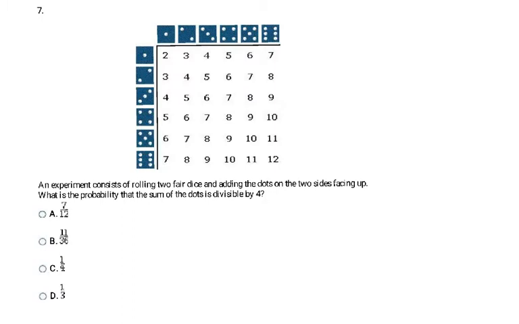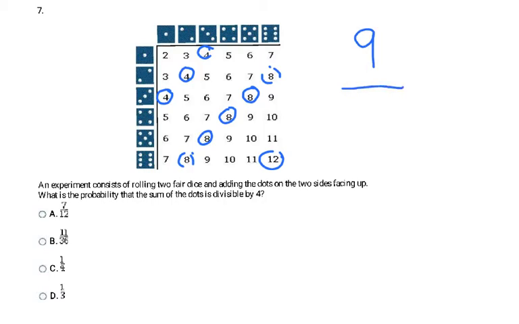And that's going to come in handy because I can go ahead and circle all of the ones that are divisible by 4. So 4 is divisible by 4, 8 is divisible by 4, and 12 is divisible by 4. So there's 1, 2, 3, 4, 5, 6, 7, 8, 9 different combinations of dice I could get to have a sum divisible by 4.